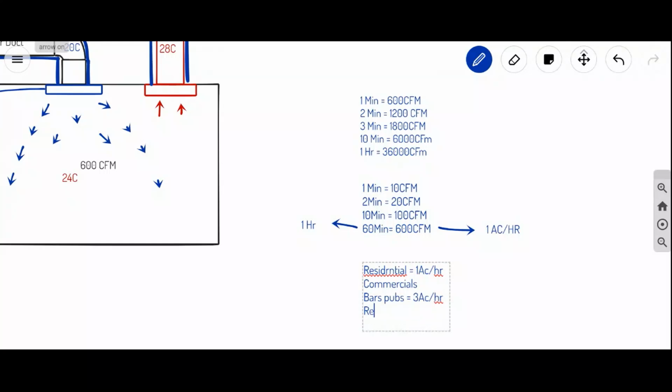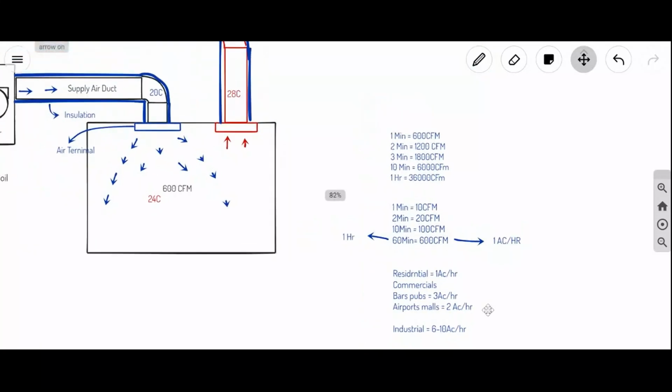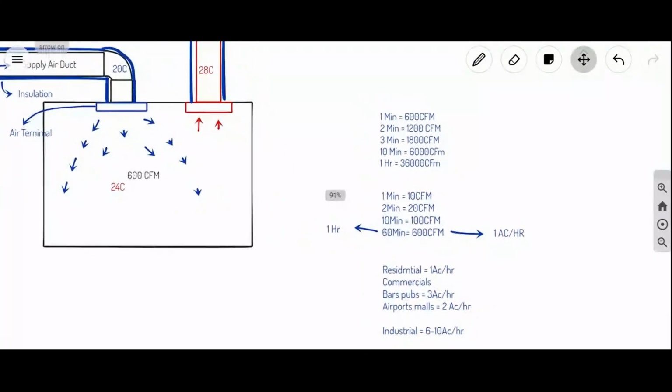For restaurants also 3 air changes. For airports, malls, we go with 2 air changes per hour. For industrial, depending on the industry, we go with 6 to 10 air changes per hour. Okay. So this is how we select the air changes according to the application.